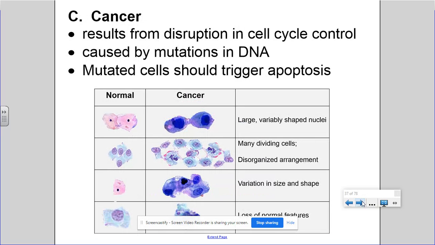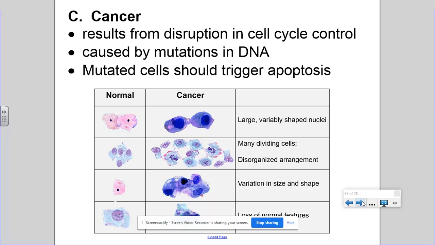And then cancer is obviously not that common, even though we all hear about it a lot. But the basic idea of what causes cancer is just a disruption in the cell cycle control. What causes this would be a mutation in one of the genes that controls the cell cycle. Now, you have mutations all of the time.